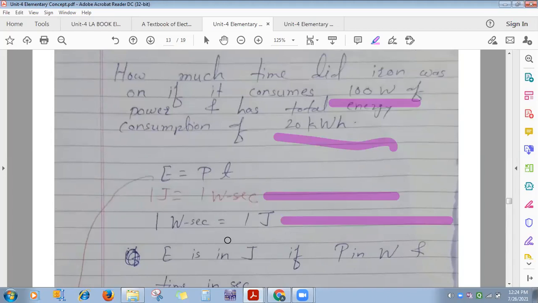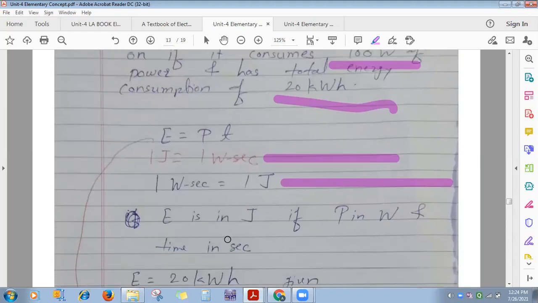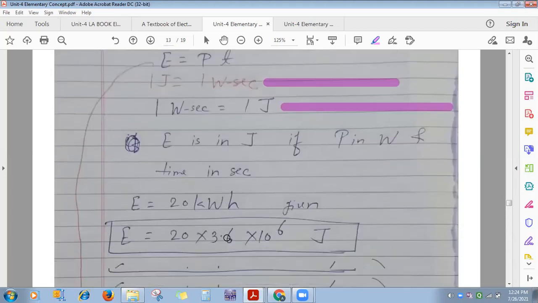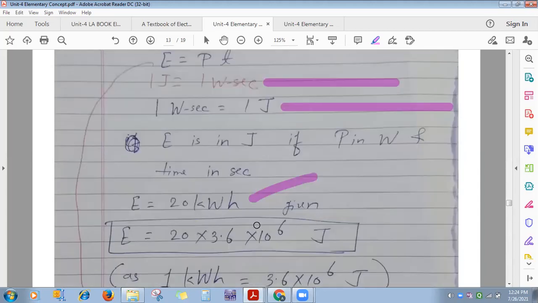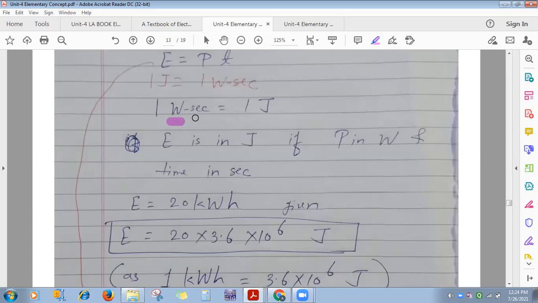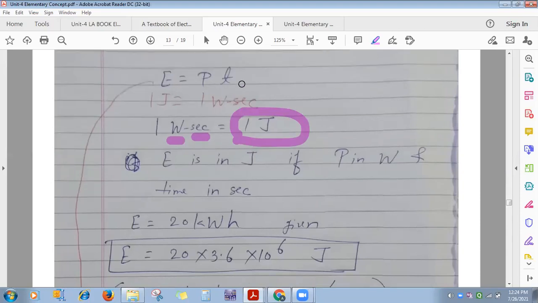So see here. Energy is given to you, 20 kilowatt hour. Whenever power is in watt, time is in second, energy must be in joule, E is equal to power into T. But energy given to you is in kilowatt hour.